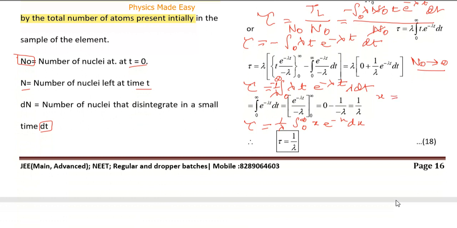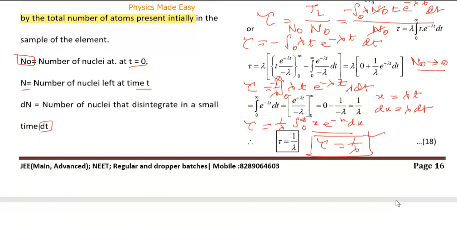Here we have used the substitution x is equal to lambda t and dx is equal to lambda dt. The value of this is 1 and tau is equal to 1 by lambda. So average life is 1 by lambda.